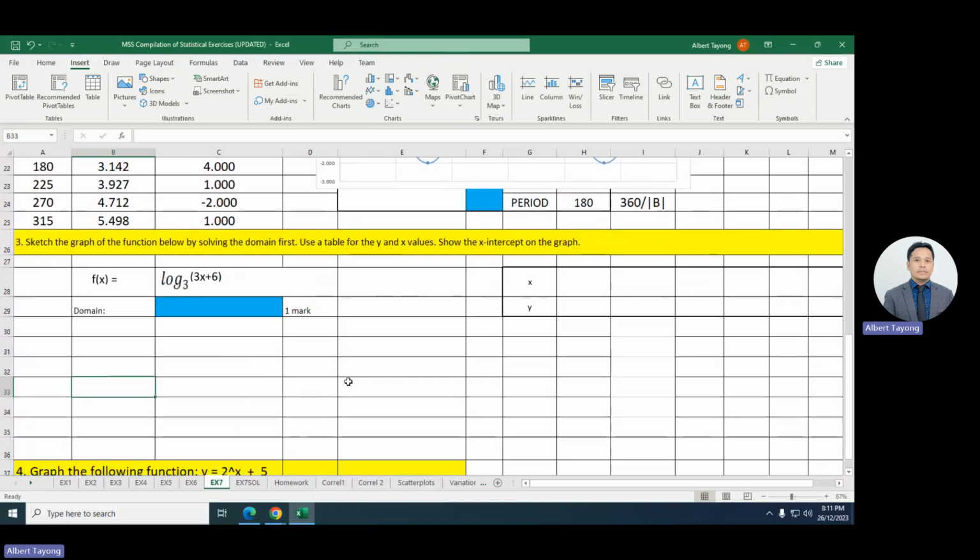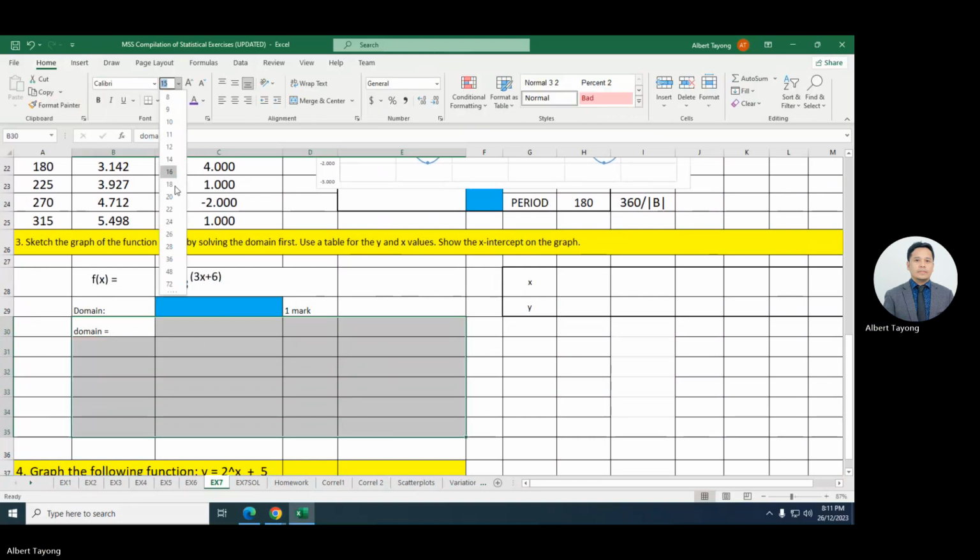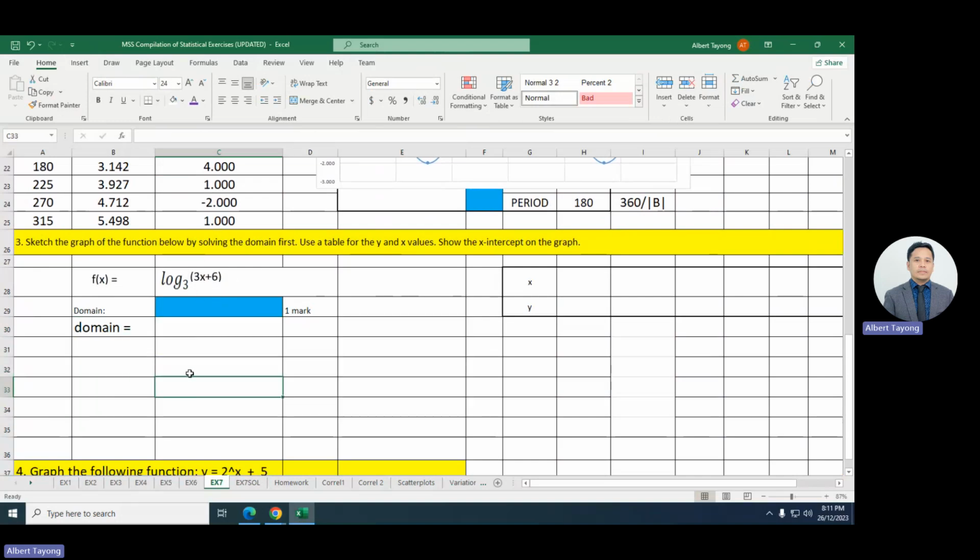Okay, let's go to number 3. Don't worry. Number 3, find the domain first. How to find the domain? Write domain like this, equals. Okay, after the log. What is after the log? 3x plus 6. Okay, colon here, 3x plus 6 greater than 0. Why? Log 0 is an error.